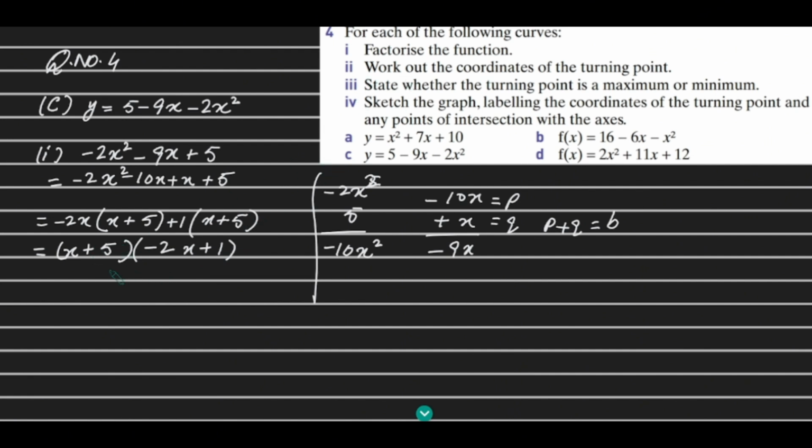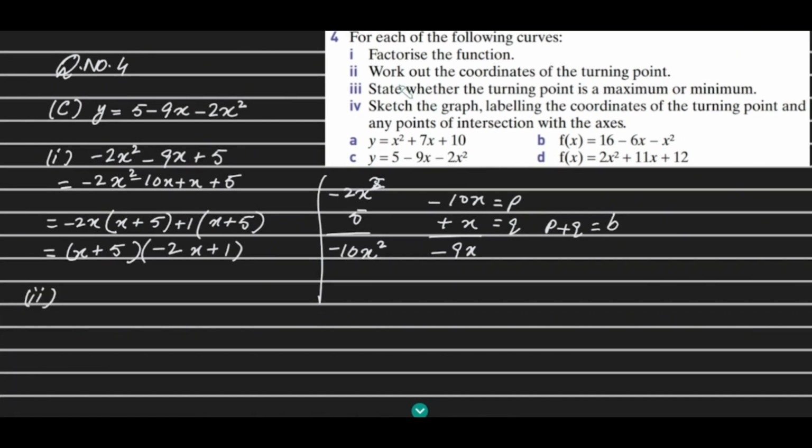The function is factorized. Second part, work out the coordinates of the turning point. For this, we use x plus 5 equals 0, and also minus 2x plus 1 equals 0.